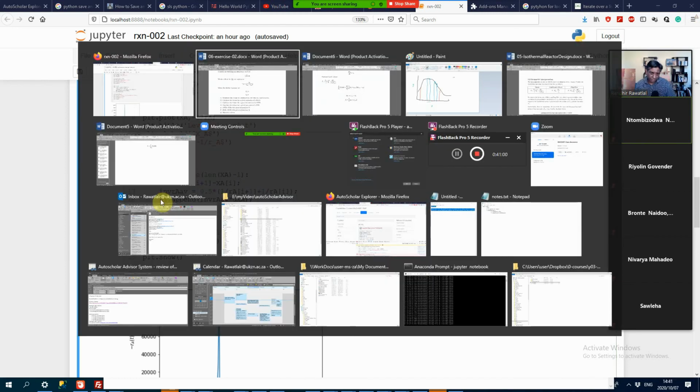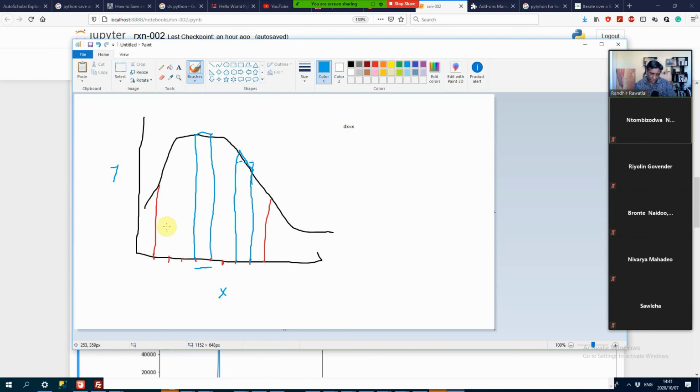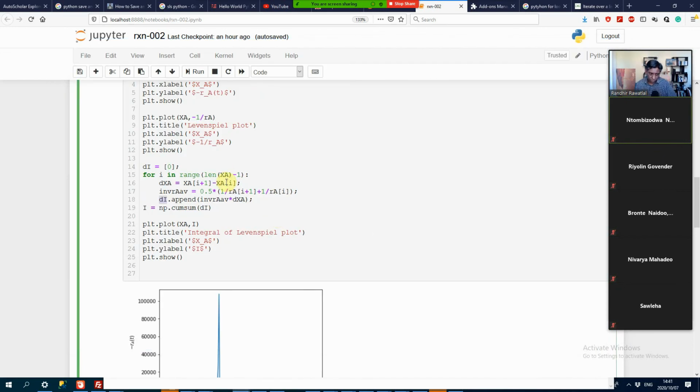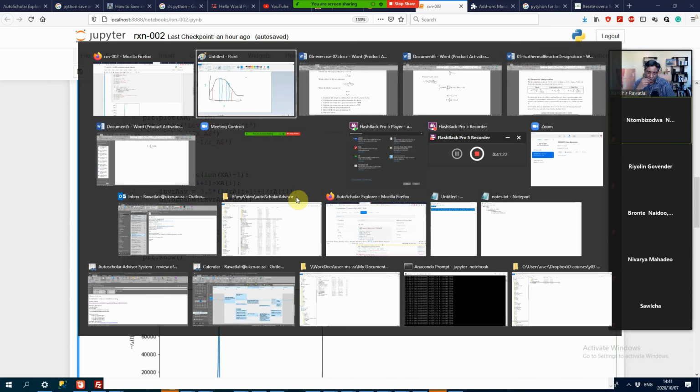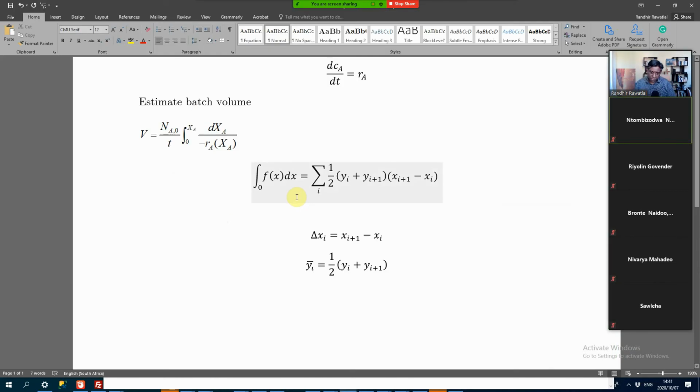So like we said here, at each panel there exists their own area. And so I'm just putting all those little areas together in one vector, which I call di. And then I'm looking for the cumulative sum of di. So in this case, it's basically this operation.